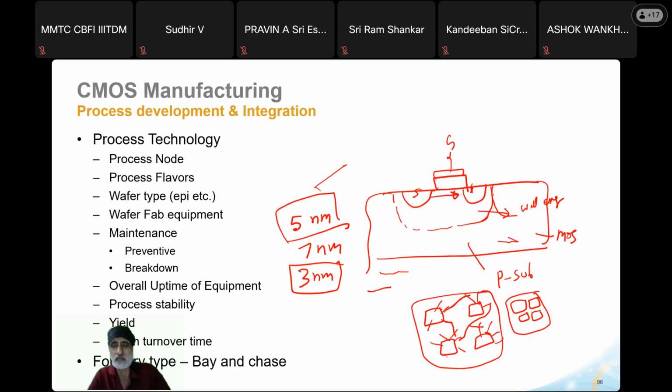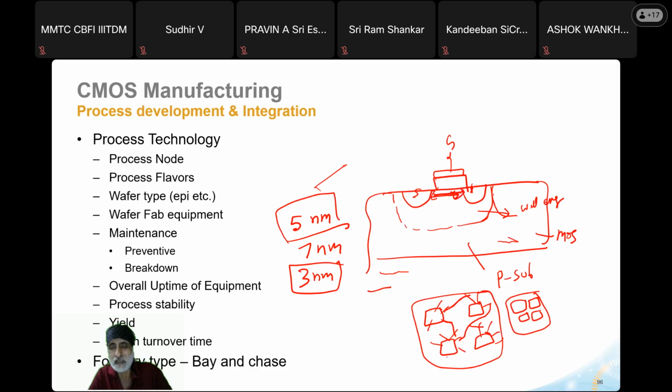So what does this 5, 7, 3 nanometer mean? Though it's not correct, for simplicity I can say that it means the channel, the distance between source and drain, till 45 nanometer. That was the minimum dimension, the channel length, what we call it technically.